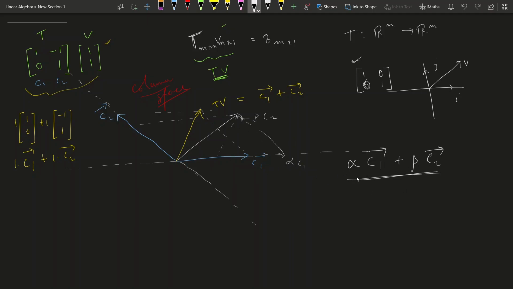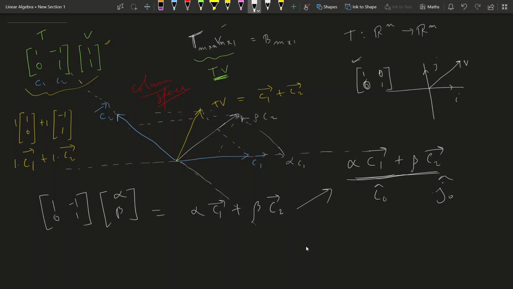You can think of c1 and c2 as, let's say, i cap and j cap. Basically I have taken my v vector as 1 1. Now if you take any random vector, let's say alpha beta, and you multiply that with this matrix, which is 1 0 and -1 1, then this will give you nothing but alpha c1 plus beta c2, right?